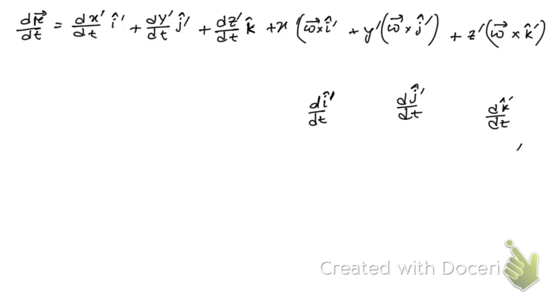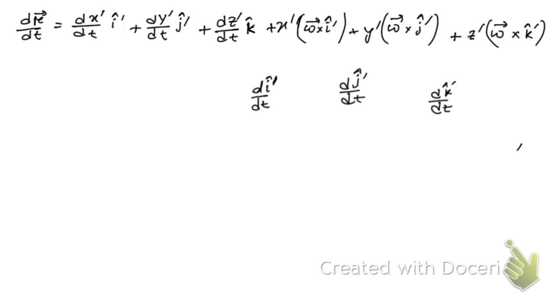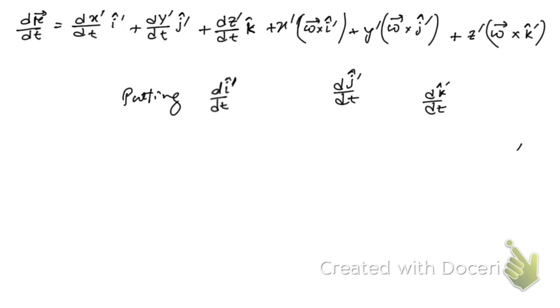So now you see, sorry. Okay, so now let me write, or here we can write, putting this: time derivative of i dash cap is equal to omega cross i dash cap, and time derivative of this, z dash cap, must be this.